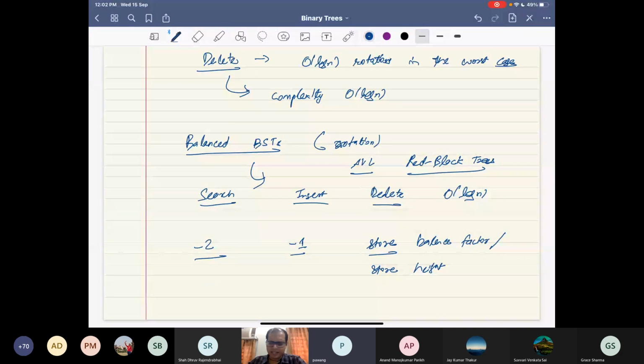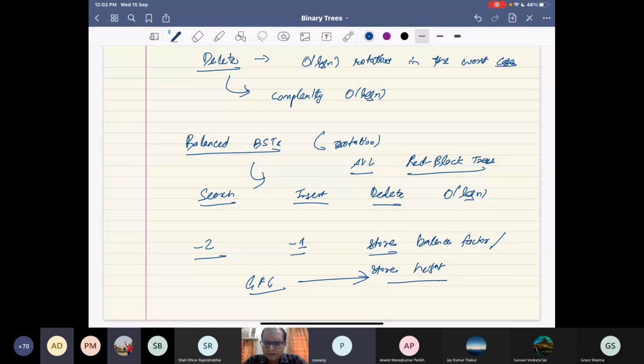So either is fine. GFG has a code that stores height and computes balance factor from that, and you can see. Okay, sir. This AVL will come in next week's assignment, not this one. Okay.